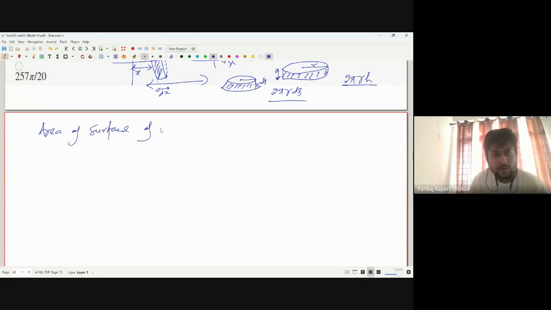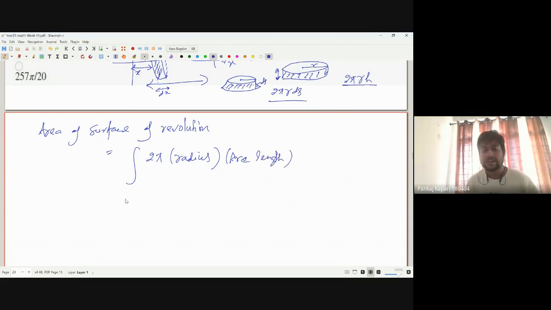So what will be the area of the surface of revolution? This is equal to the integral of 2 pi times the radius into arc length, and this you integrate.